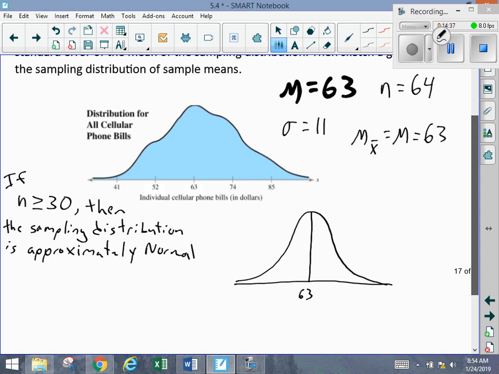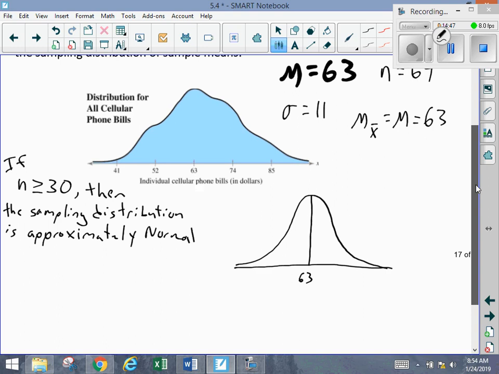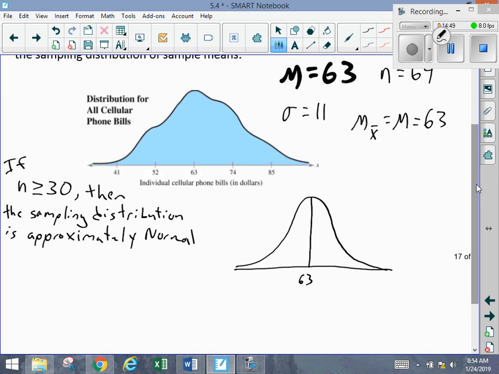Now, in order to complete this picture, I would like to know what the standard deviation is. We have our formula that tells us that the standard deviation of the sampling distribution of sample means is equal to the standard deviation of the population divided by the square root of the sample size.